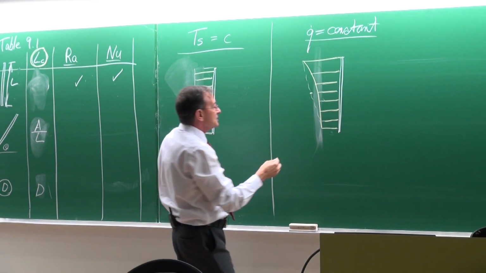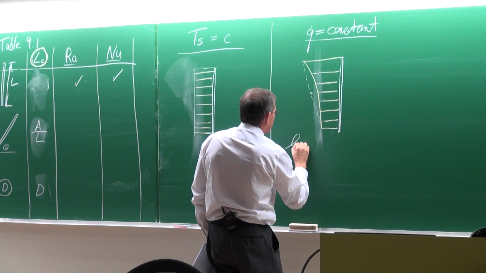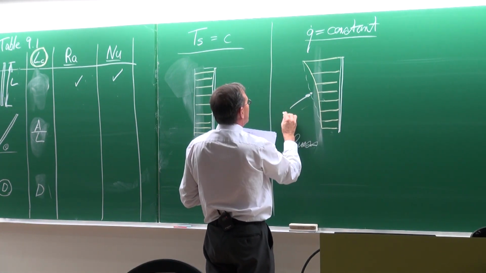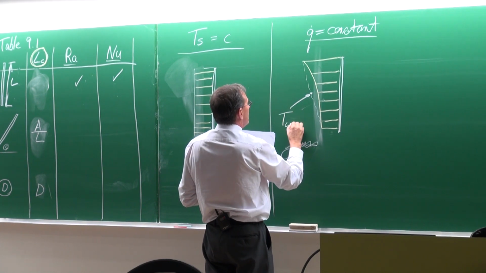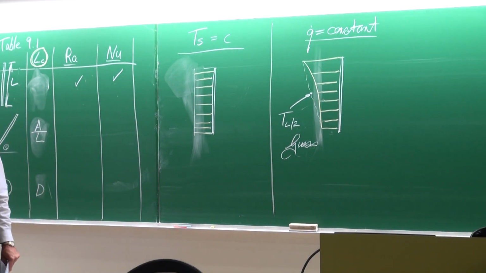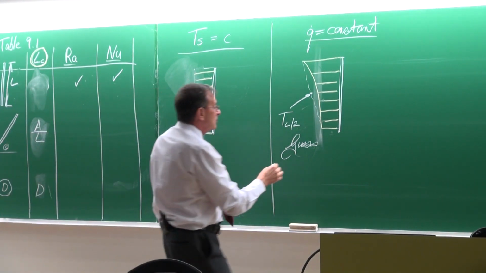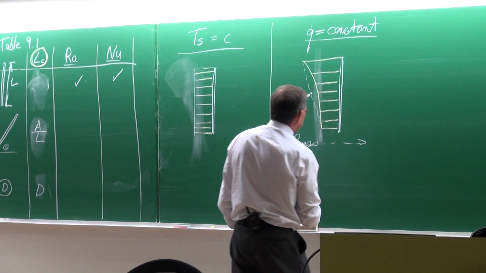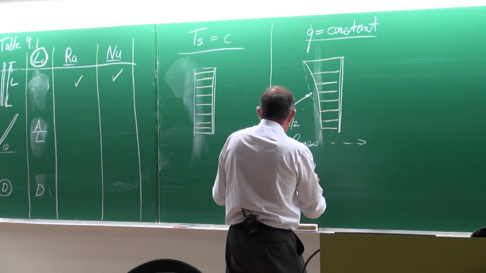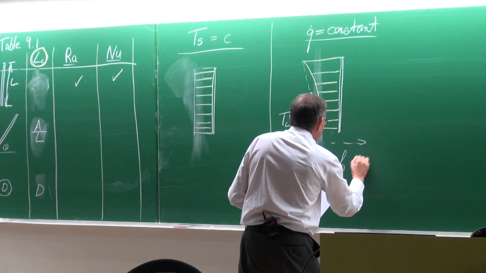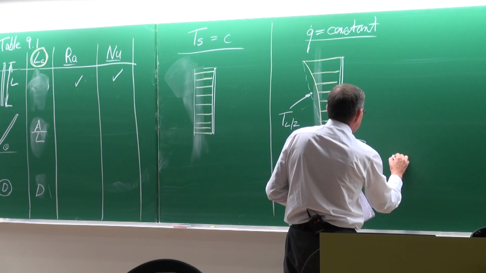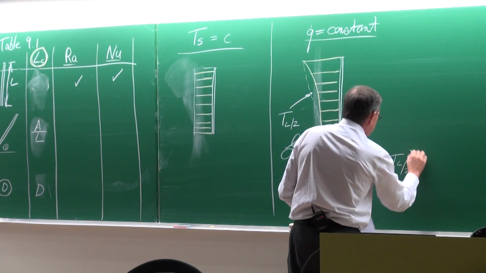So what you do is you guess that temperature, and we call that temperature T L divided by 2. So you just guess a temperature, work through the problem, and then by looking at the heat flux, it is equal to the heat transfer coefficient multiplied by Ts minus the temperature at L divided by 2.